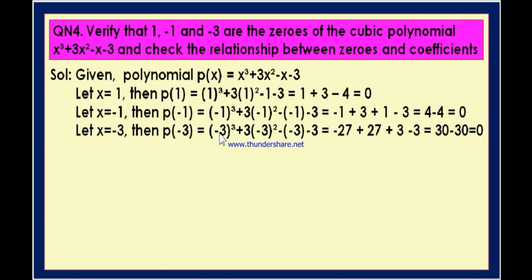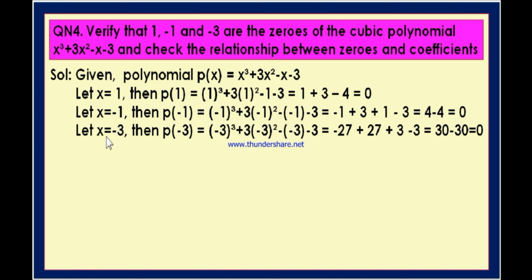Now if you observe, minus to the power an odd number is minus. 3 cube means 3 into 3 into 3. 3 3 is 9, 9 3 is 27. Minus 3 whole square is plus 9 into 3 is plus 27. Minus of minus 3 is plus 3 and this is minus 3. 27 plus 3 is 30. Minus 27 minus 3 is minus 30. 30 minus 30 is 0.